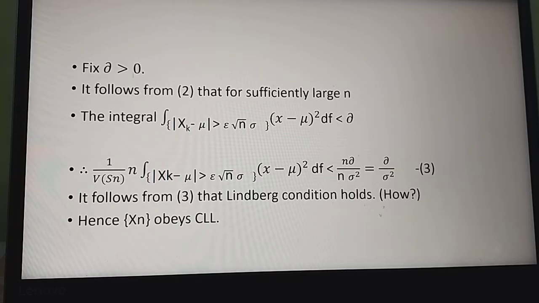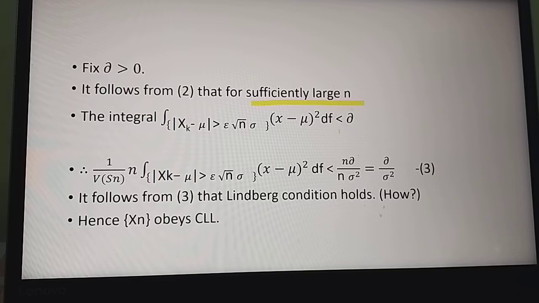Now let us fix another positive number delta. It follows from equation number 2 that for sufficiently large n, this is important, the limit of that probability is 0. So the integral of x minus mu whole square over the set where Xk minus mu is greater than epsilon times root n sigma will be less than delta for large n.